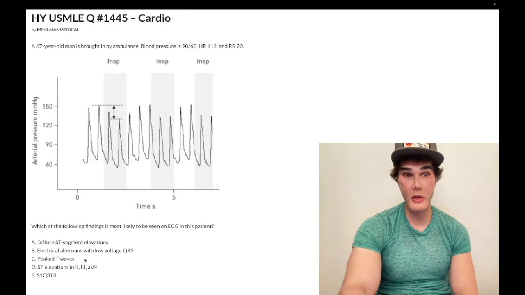Choice D, ST elevations in II, III, aVF for inferior infarct, is wrong. Okay, so the diaphragmatic surface, the inferior surface of the heart, is supplied by the right coronary artery usually. So it's going to be the posterior descending artery that supplies the diaphragmatic surface of the heart. Don't confuse with the apex of the heart, which is the left anterior descending artery. But the PDA supplies the diaphragmatic surface, and that's going to be coming off the right coronary in 80 to 85+% of people.